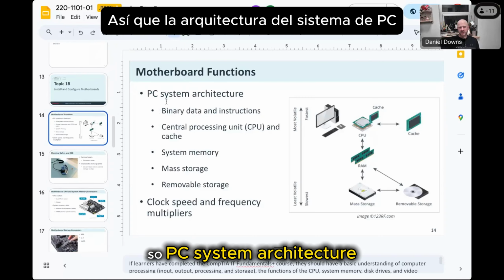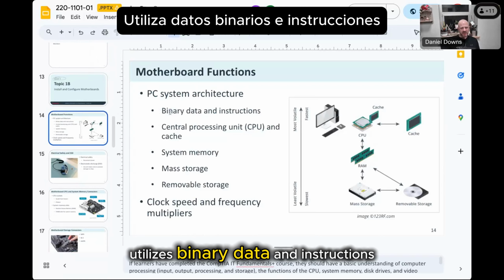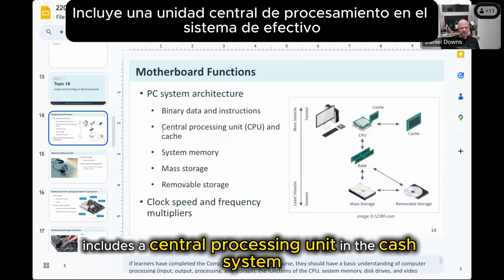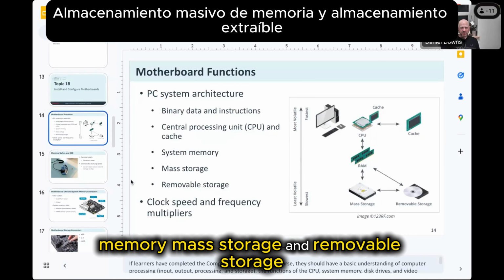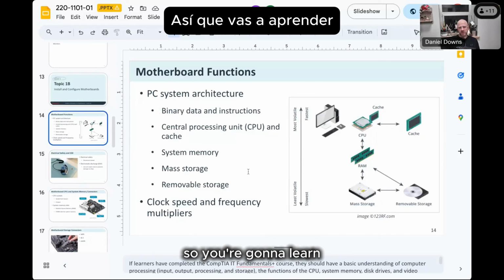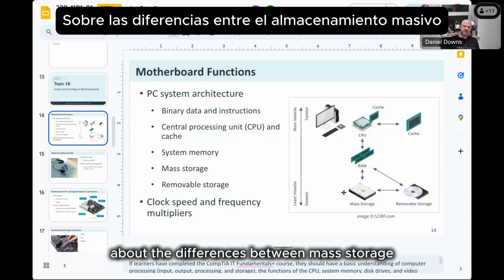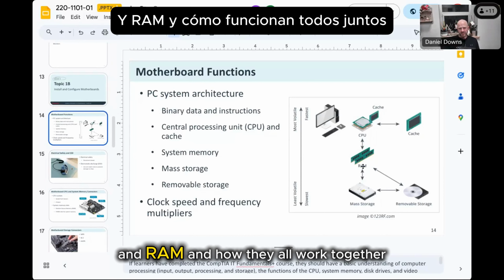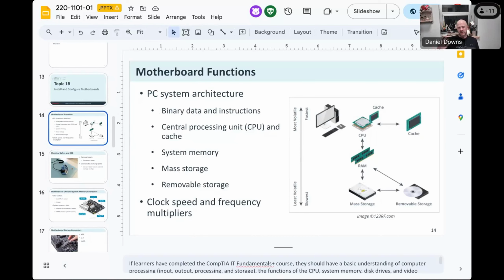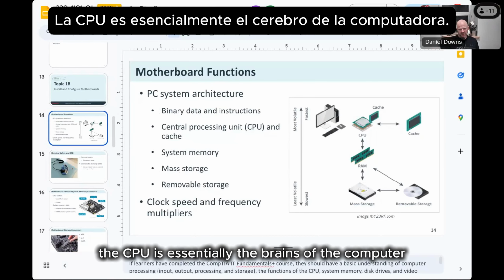So PC system architecture utilizes binary data and instructions, includes a central processing unit and the cache, system memory, mass storage, and removable storage. So you're going to learn, if you don't already know, about the differences between mass storage, removable storage, and RAM and how they all work together. The CPU is essentially the brains of the computer.